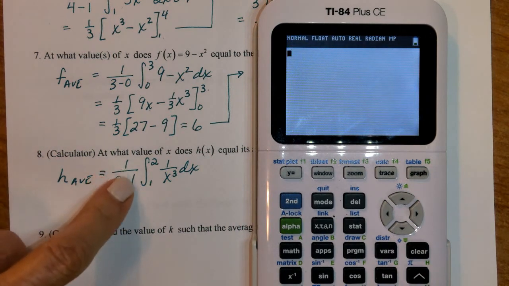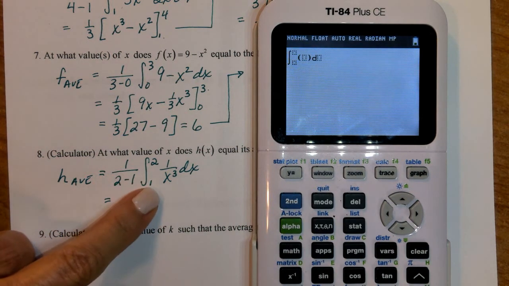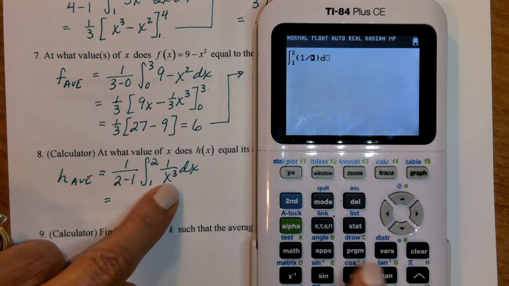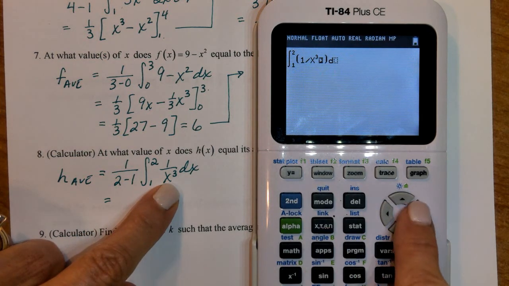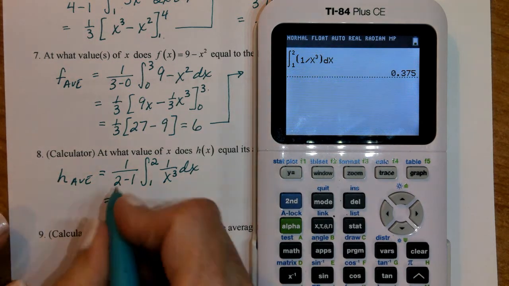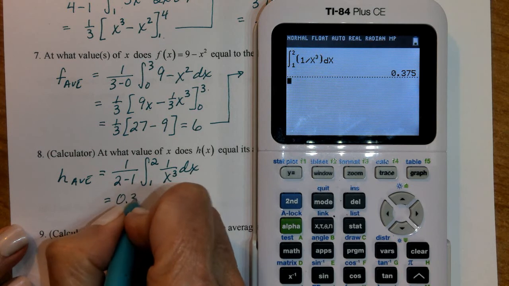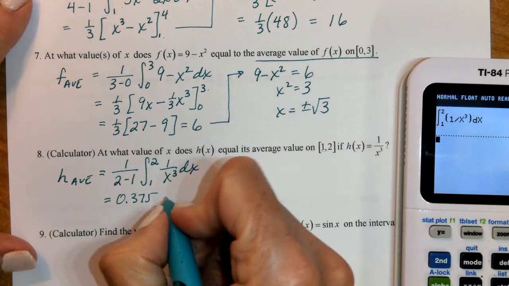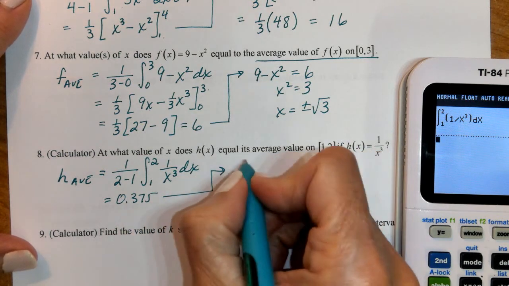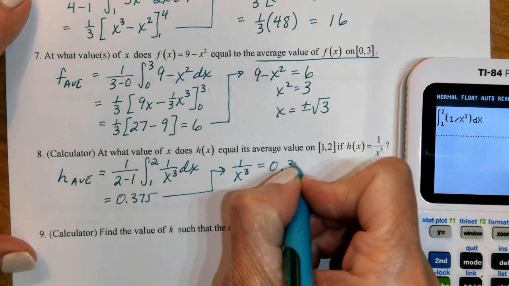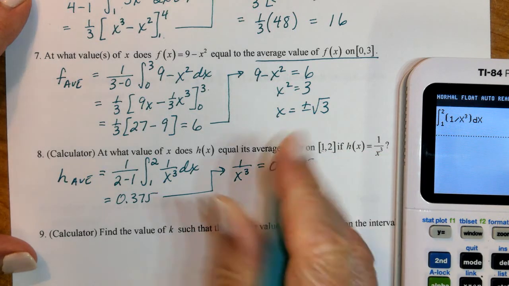This is all just 1 out in front, so I'm going to go math 9, 1 to 2, 1 divided by x cubed. 0.375. Exactly. I like that. All right. Now we're going to set h equal to 0.375, right?